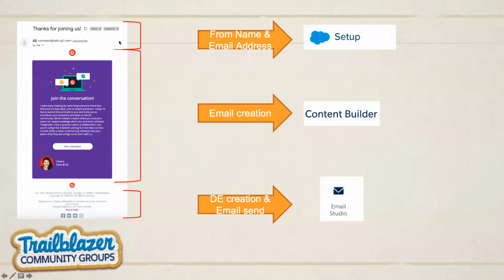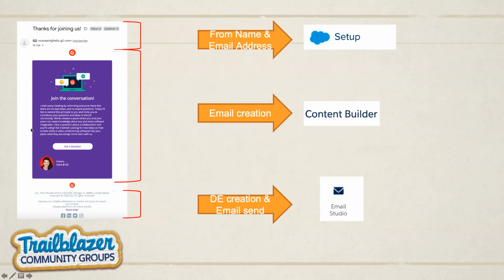For instance, the from name and the email address, this little piece up here, would have been built or created in the setup section. And we will be going through this in detail. The actual email layout, the body, the look and feel, the design, would have been done in Content Builder, which is another part of Marketing Cloud.